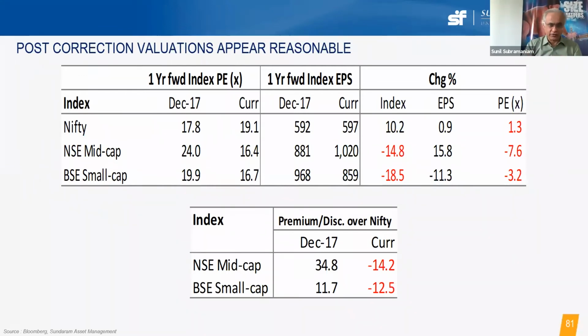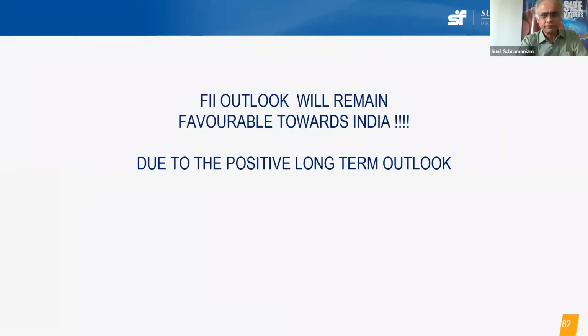The indication is that future EPS growth of large caps is expected to be much better than the mid caps and the small caps in the initial part of the rally, because the forward PE is 1 year from today. So the FII outlook will remain favorable to India, but for another reason also. What I talked about so far is all about FY22. That is, large caps will recover faster than the mid and small caps from an economic V-shaped recovery happening.